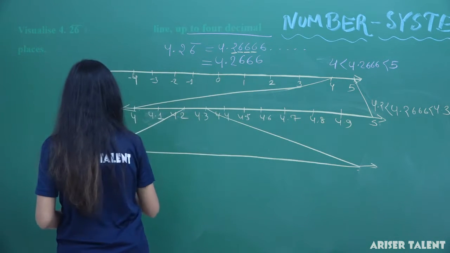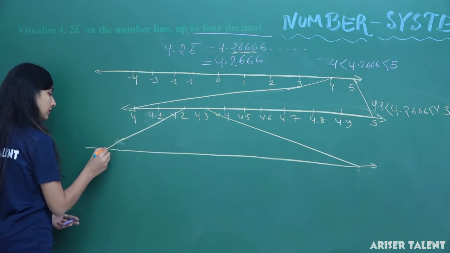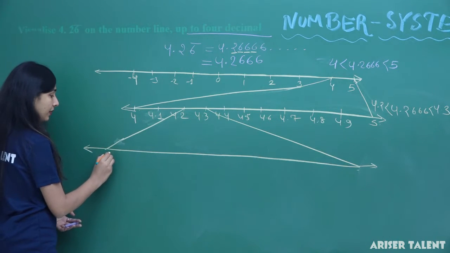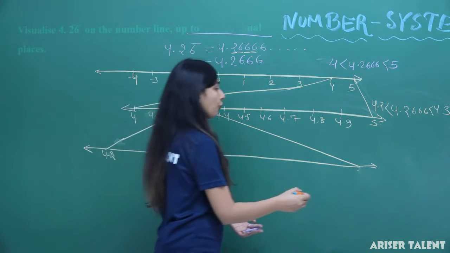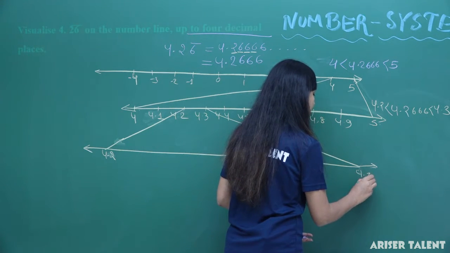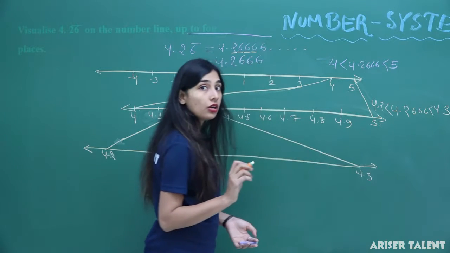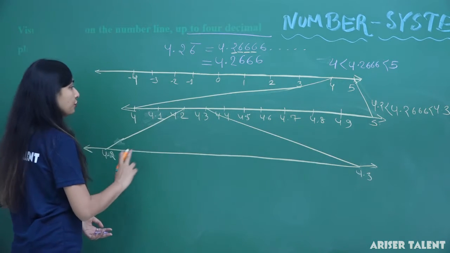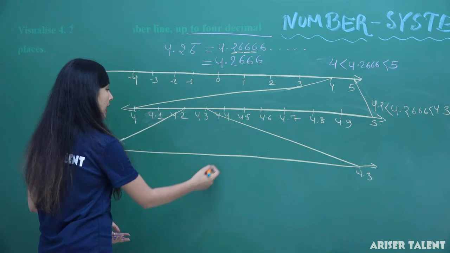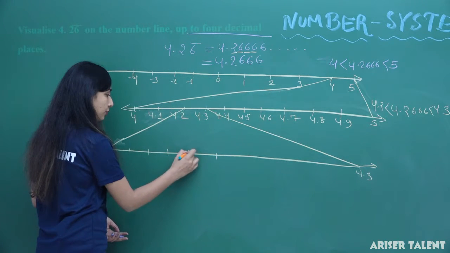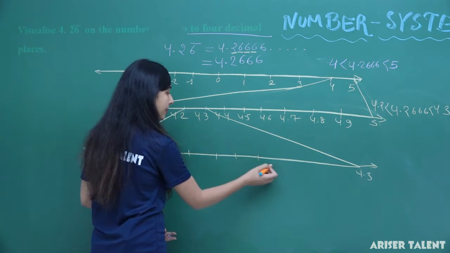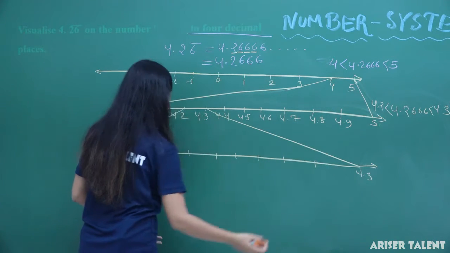So here it is. So that will be your 4.2, and here it will be your 4.3, right or wrong? Now after getting this 4.2 and 4.3, I will have this 1, 2, 3, 4 and that's 5, 6, 7, 8, 9 and that will be 10.